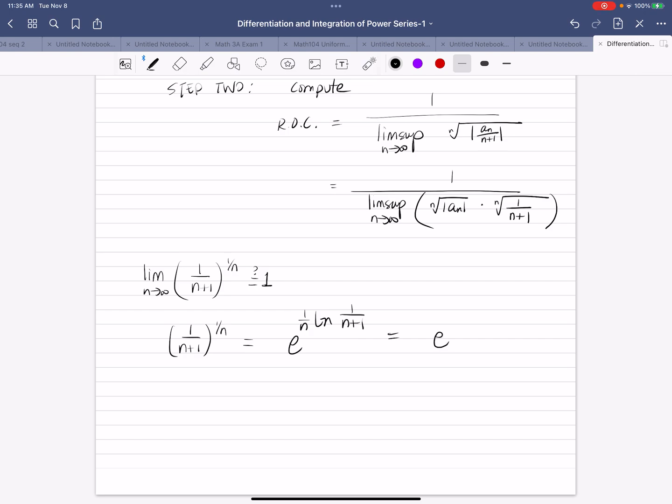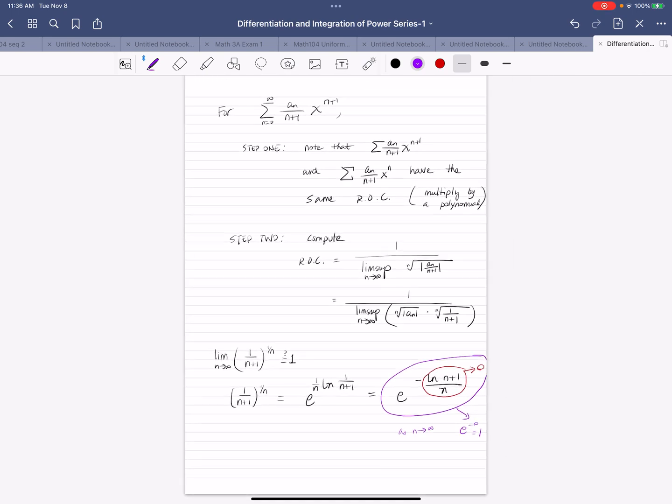And I can write that as e to the minus natural log of n plus 1 over n. That'll go to 0. So all of this is going to go to e to the minus 0, which is 1, as n goes to infinity. Okay.